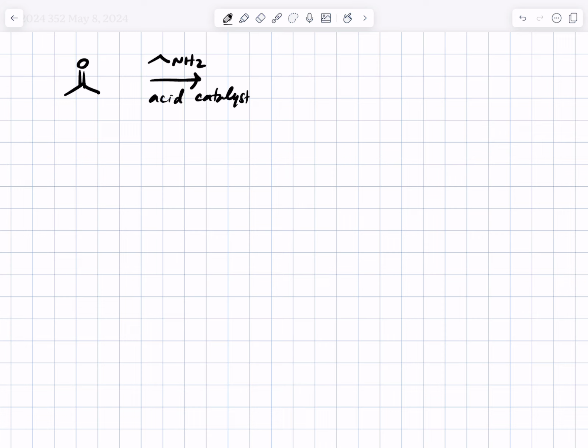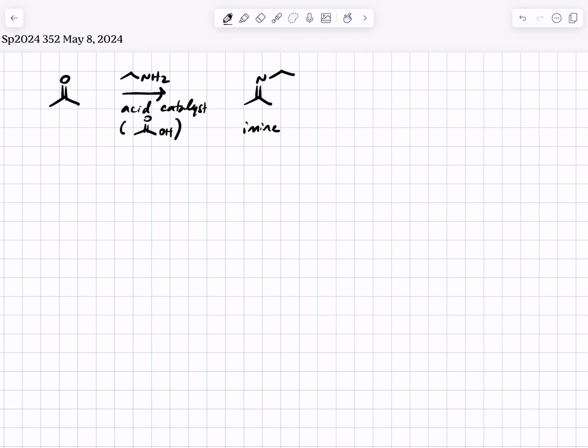So this isn't new, this is review. Sometimes this will be like acetic acid. You don't need a very strong acid to do this, but we will create imines. And we talked a little bit about imines. Of course, if you use a secondary amine, you get what's called an enamine as your product. But we'll just stick with the imine for now.